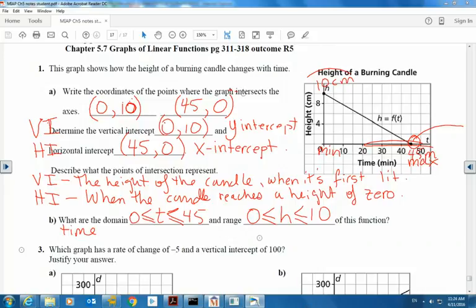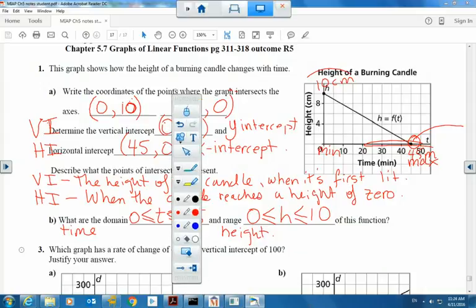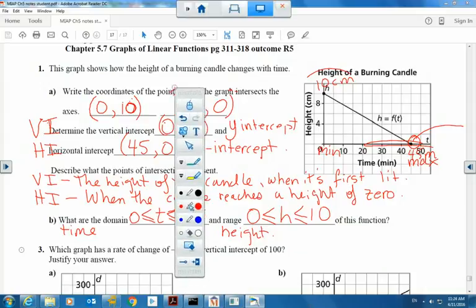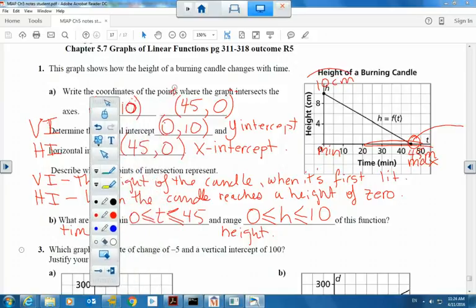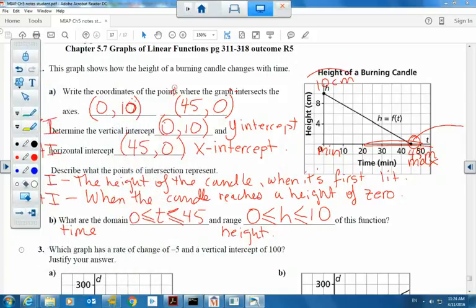The height of the candle is in between 0 and 10 inclusive of the endpoints. All right? Okay. So that's my range value.